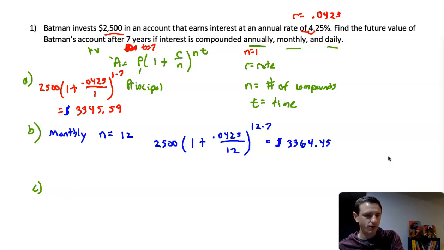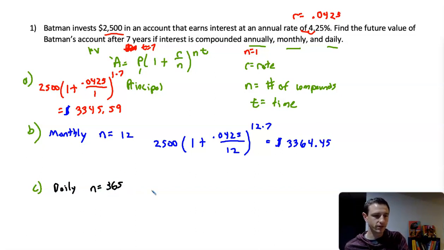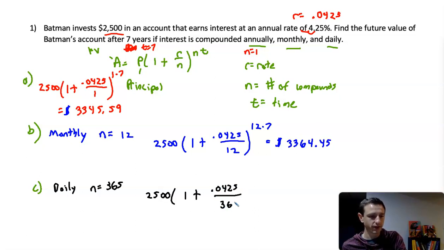And then the last one, we want to compound it daily. So daily, how many times are we going to do that? There are 365 days in a year. So 2,500 times 1 plus the rate, 0.0425, divided by 365, because we're doing it daily, raised to 365 times 7.